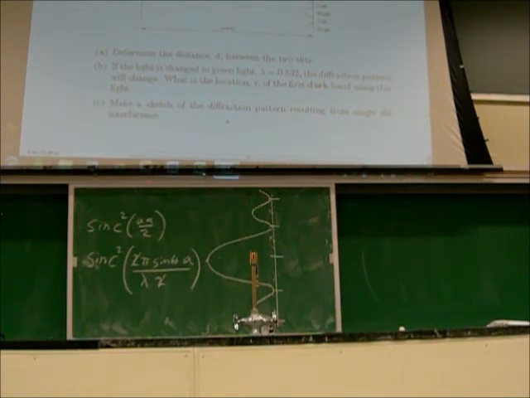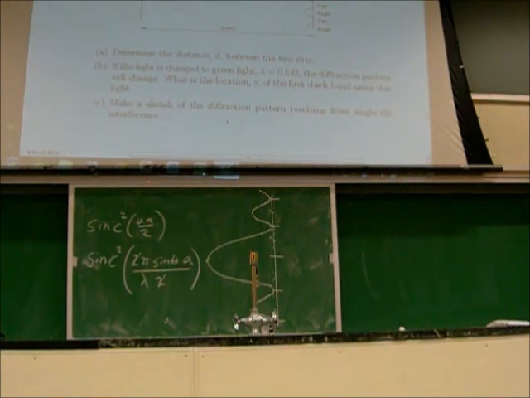So, where is the first minimum? The first minimum is when the stuff inside the parentheses equals what? No, the 0 doesn't count, because it's 0 over 0 for a sinc function. Where does the sine function have its first 0 other than the one at the origin? Pi.